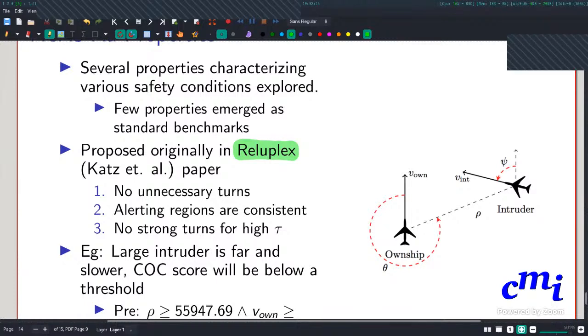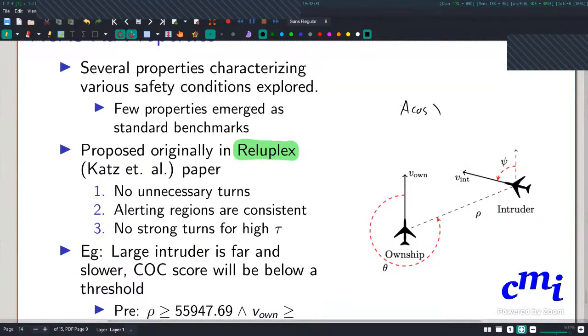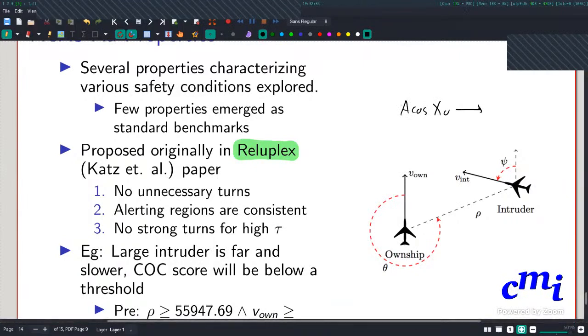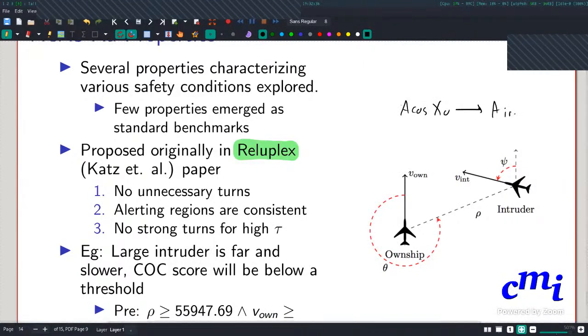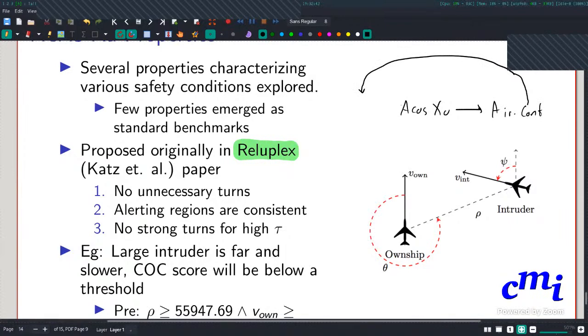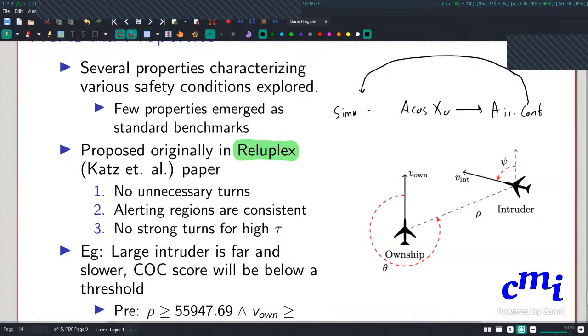One of the parts of this entire field that is being explored right now is even what kind of properties make sense, right? So for example, you can consider a really complicated property which takes the entire feedback loop into consideration, right? So you have the ACAS Xu feeding some sort of an aircraft controller, which is again feeding back into some sort of an actual simulation with 2 aircraft, and then that is again feeding into the ACAS Xu.